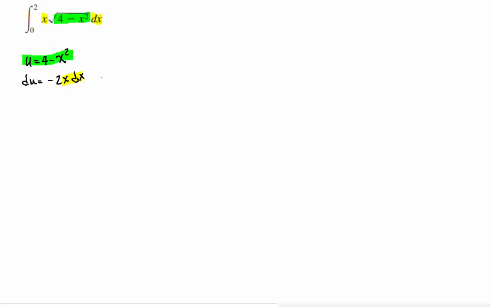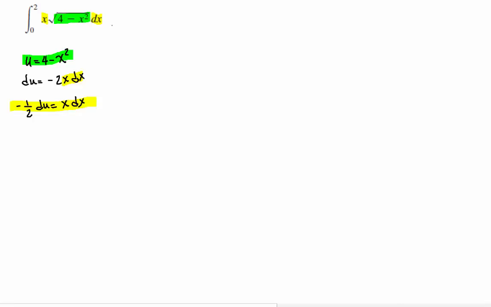So we can multiply times negative a half, and we get exactly what we need, the x dx. And now what we can do is set up our integral with the u's.